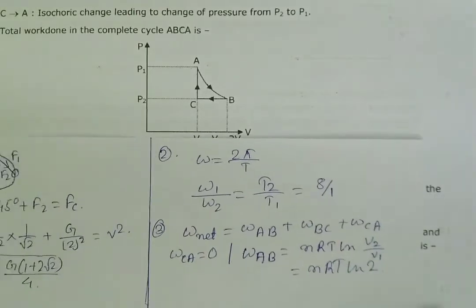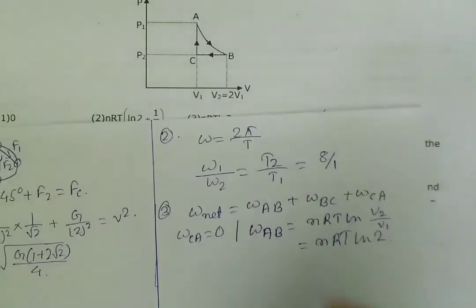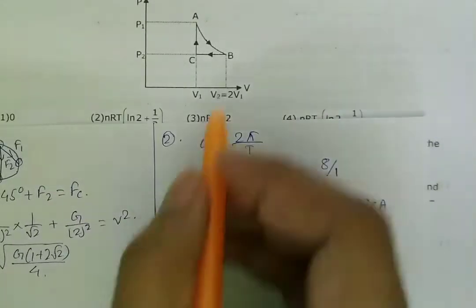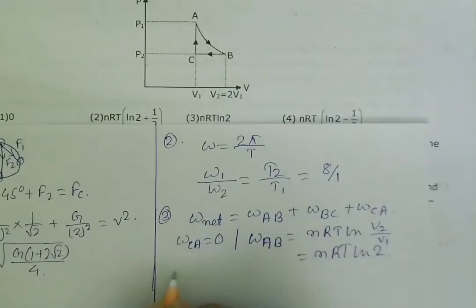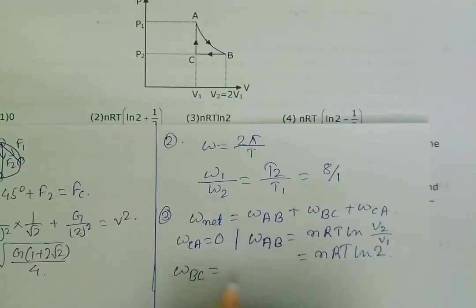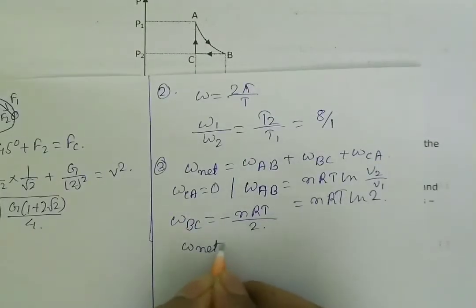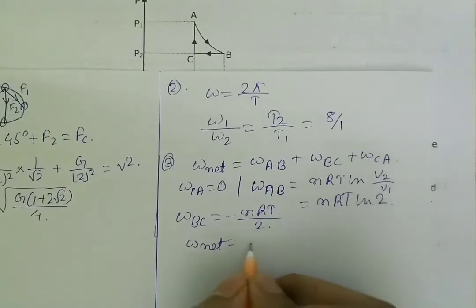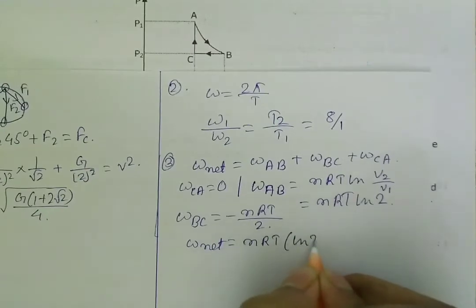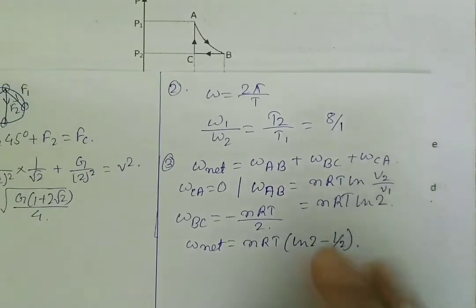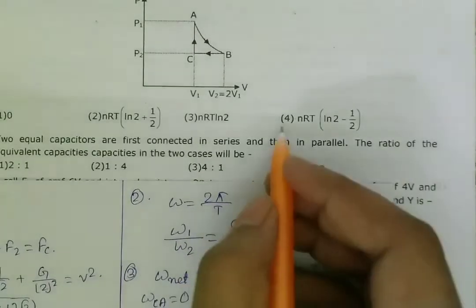And in the process B to C, work done will be minus nRT by 2. So W net will be, taking common nRT, ln 2 minus half. So option 4 is the correct answer.